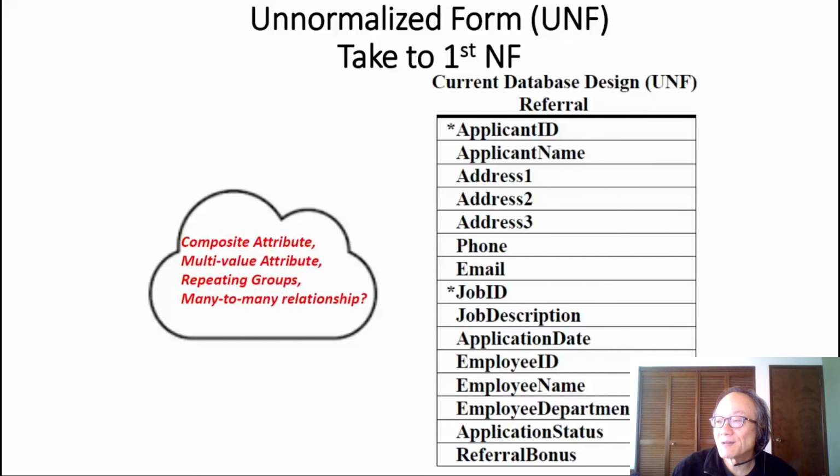We are ready to take our design from UNF to the first normal form. Going from UNF to the first, there are several things we need to pay attention to. Do we have any composite attribute? Do we have any multi-value attribute? Do we have any repeating group? Or do we have any many-to-many relationship?